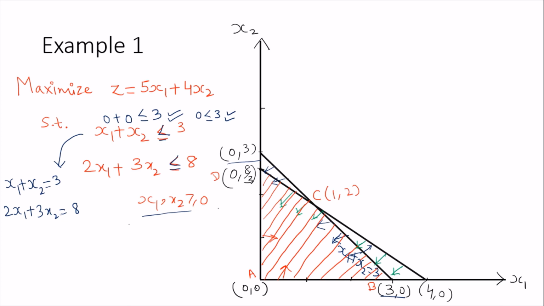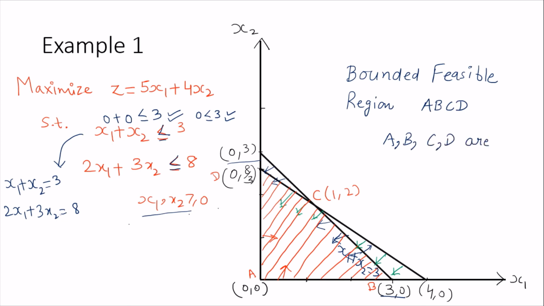The coordinates of A, B, D had already been written because we were drawing the lines, but C is the intersection of the two lines I have drawn, so you need to find its coordinates. They turn out to be (1, 2). This is an example where we get a bounded feasible region. Remember, I told you there will be two possibilities, and this is the first: a bounded feasible region A, B, C, D.